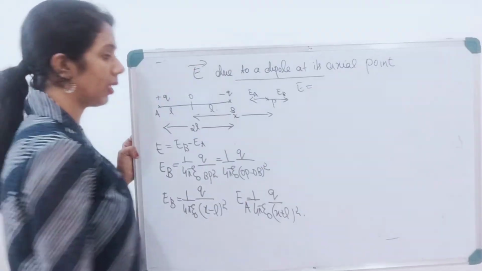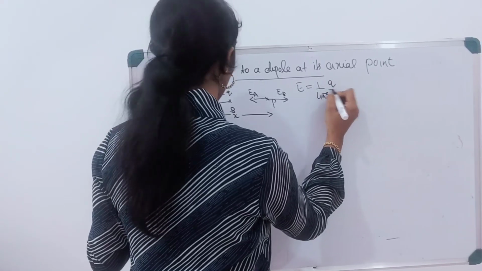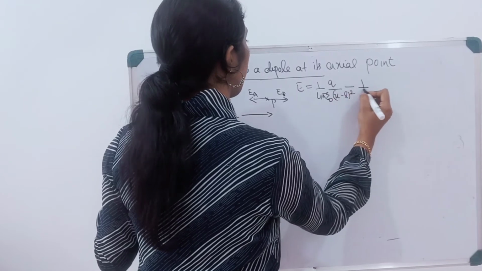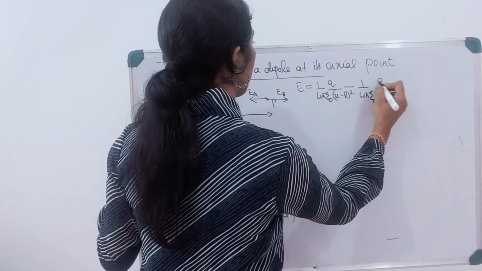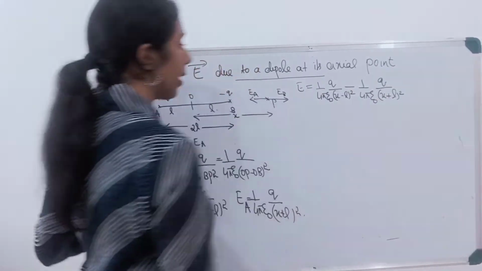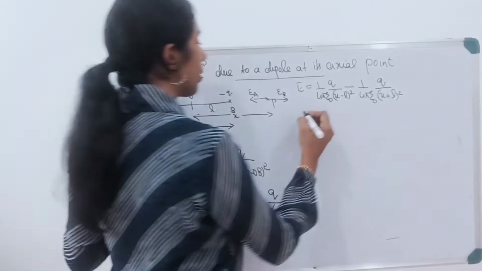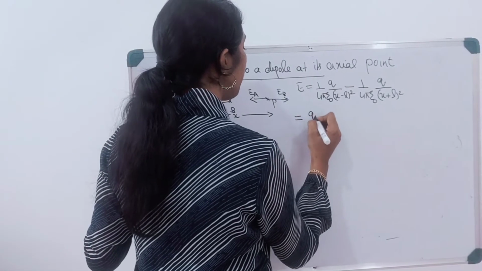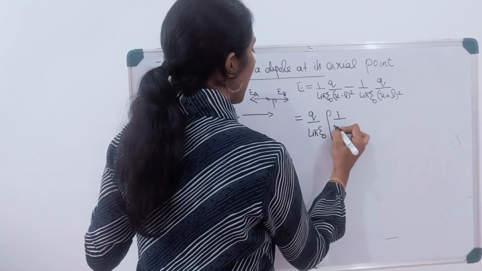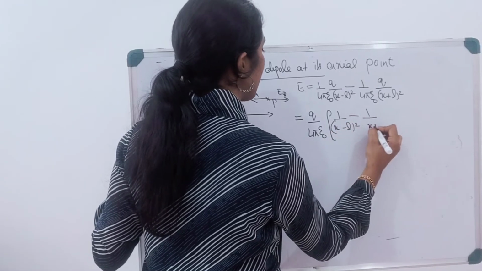So E is equal to 1 by 4 pi epsilon 0 q divided by x minus L the whole square, minus 1 by 4 pi epsilon 0 q divided by x plus L the whole square, where 1 by 4 pi epsilon 0 into q is common. Take it outside. So this becomes q divided by 4 pi epsilon 0 into 1 by x minus L the whole square minus 1 by x plus L the whole square.